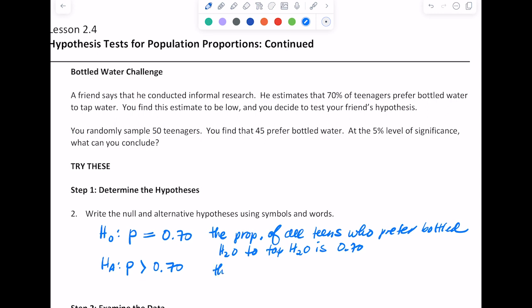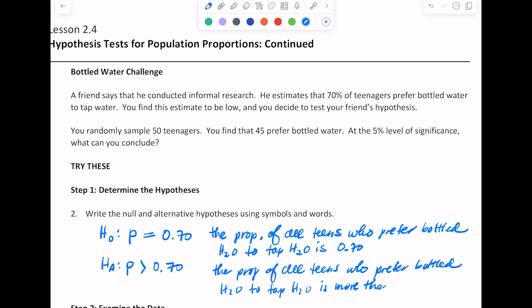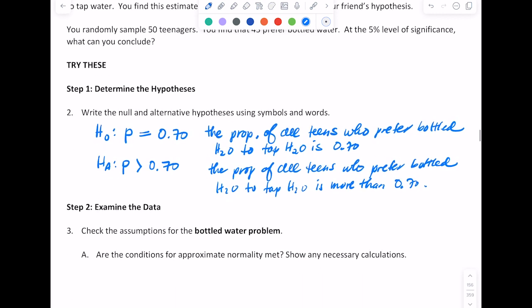And for the alternative, it would be the proportion of all teens who prefer bottled water to tap water is more than or greater than 0.70. And again, notice I'm using the word all because I'm dealing with p, and p is the population proportion, which means all.